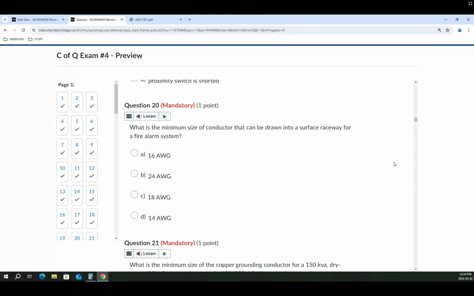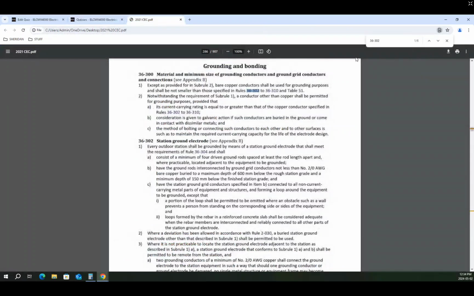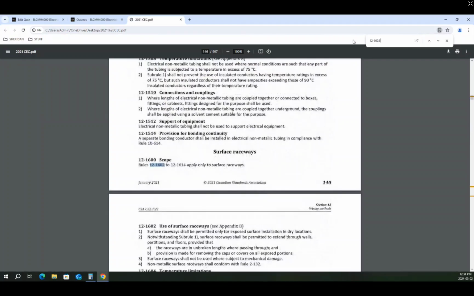This one, I'm gonna go 12, 16, 2. Surface raceways.